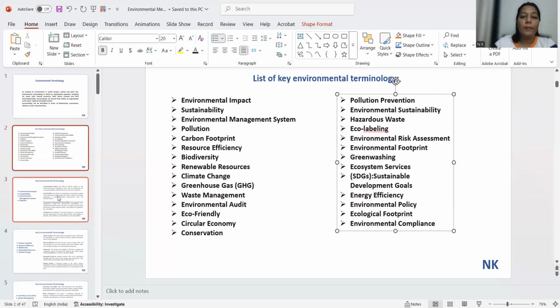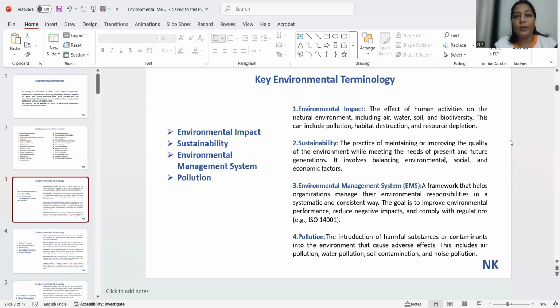This is a list of key terminologies which are used in the environmental management system or for the environment. So we will explain these key terminologies today.